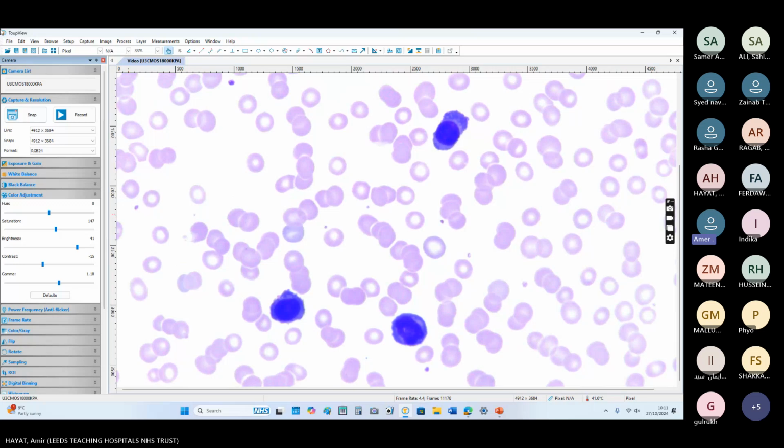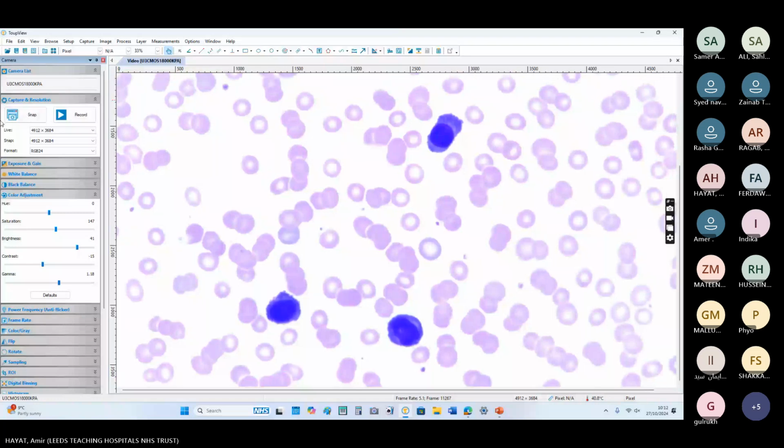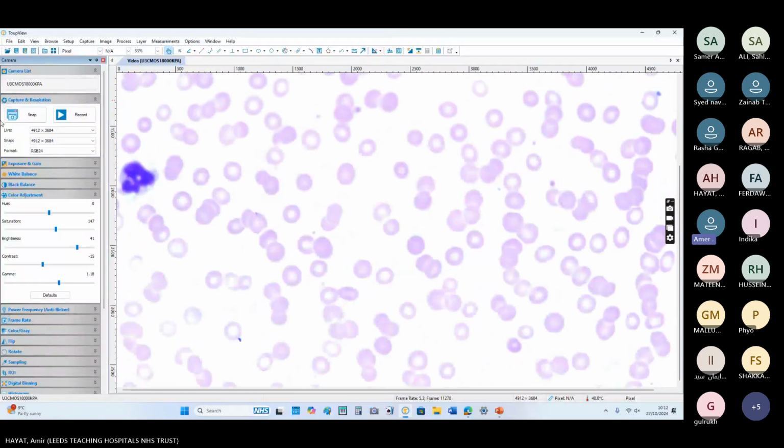So do you think this is a plasma cell? Not a true plasma cell. Is this eccentric? There is a halo here. Yes, slightly eccentric. Okay.